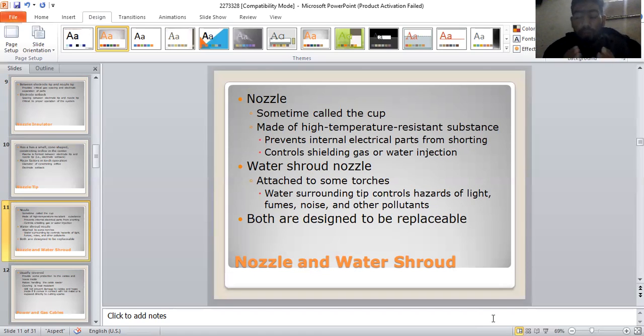Sometimes, due to the very high temperature of plasma, there is a risk of electrical shorting inside the electrical structure, so the nozzle prevents electrical shorting. It also helps cool the material, because due to high temperature, fumes, noises, and other pollutants are produced. In order to control those things, we use the shield. Again, both of the designs are replaceable.